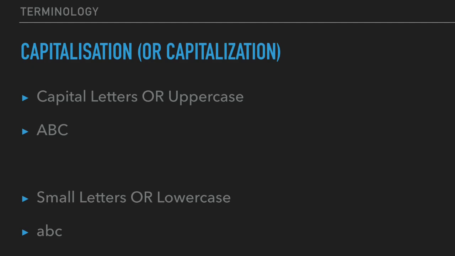Okay, so big and small letters. You can see A, B, C written with big letters. Those are called capital letters or uppercase. And the small letters can also be called lowercase. The terms uppercase and lowercase come from the early printers.